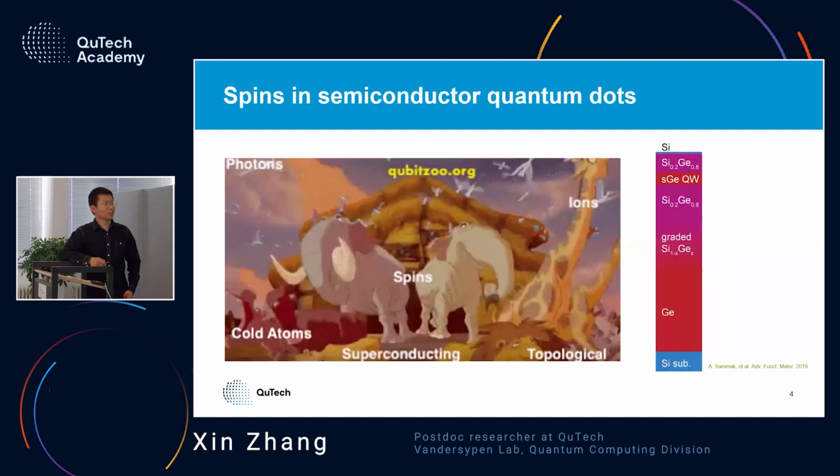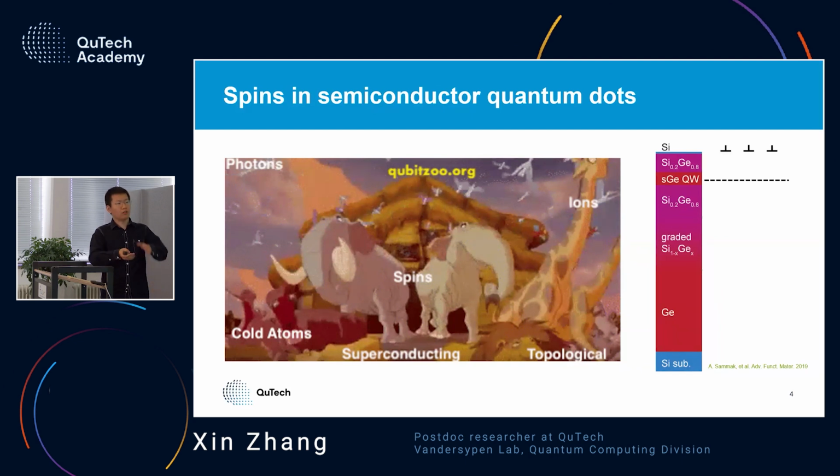In quantum dots, we put a spin into a quantum well. This is an example of a germanium quantum well sandwiched between two silicon germanium alloy layers. In this quantum well, the charges in the valence band are confined in the z direction, so we are controlling holes rather than electrons in this heterostructure.